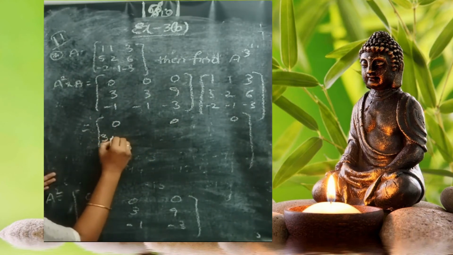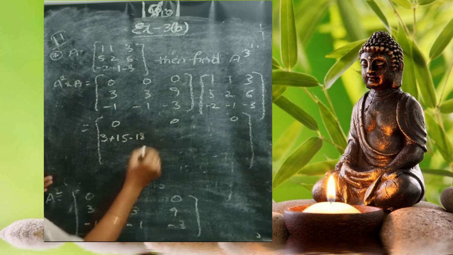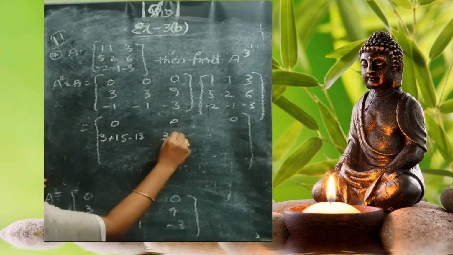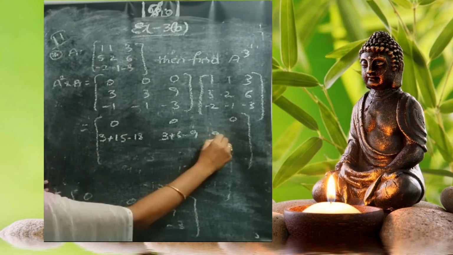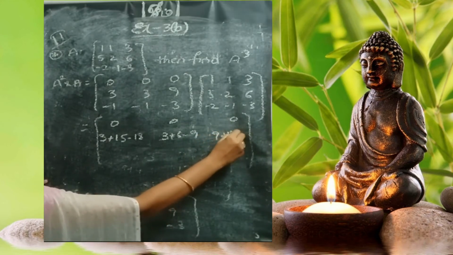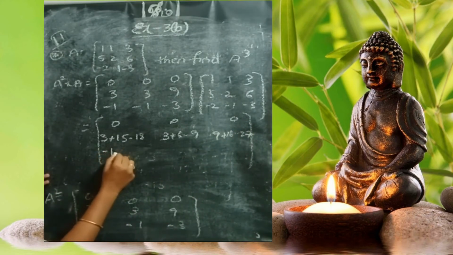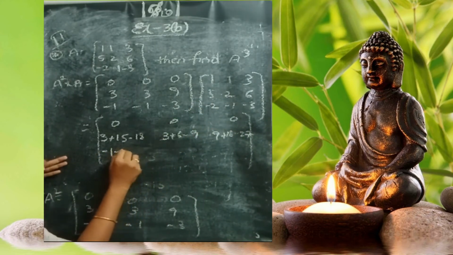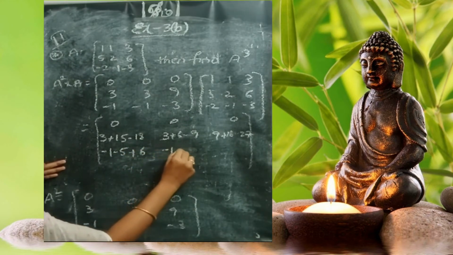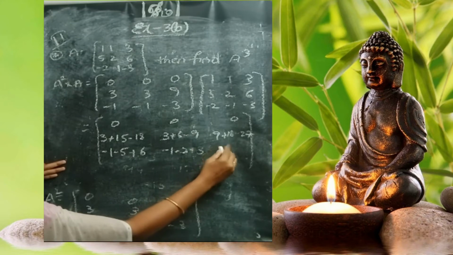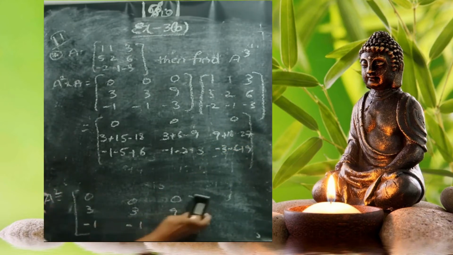So 3 plus 3 is 15. 3 plus 6 minus 9. 9, 18, 27. So minus 1 here, minus 5 plus 6, and minus 1, minus 2 plus 3, minus 3, minus 6 plus 9.